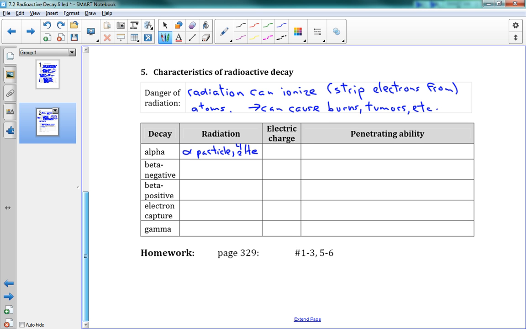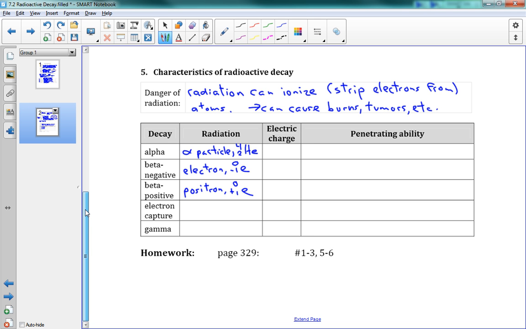Okay, beta negative, we emitted an electron, which was -1, 0 e. Beta positive, we emitted a positron, which was +1, 0 e.